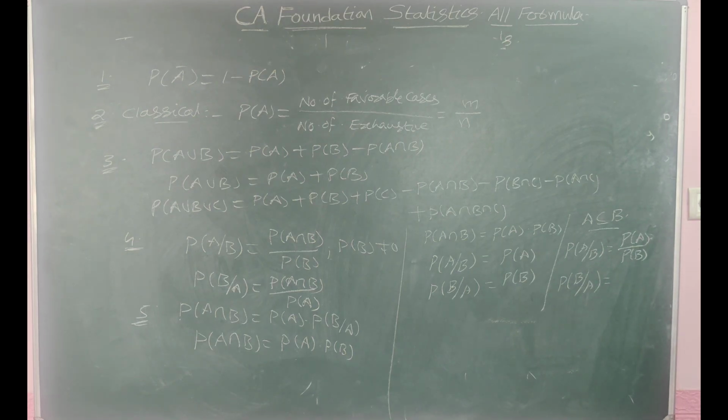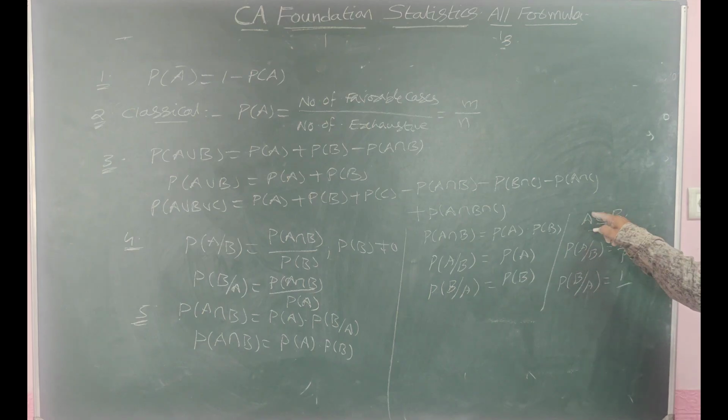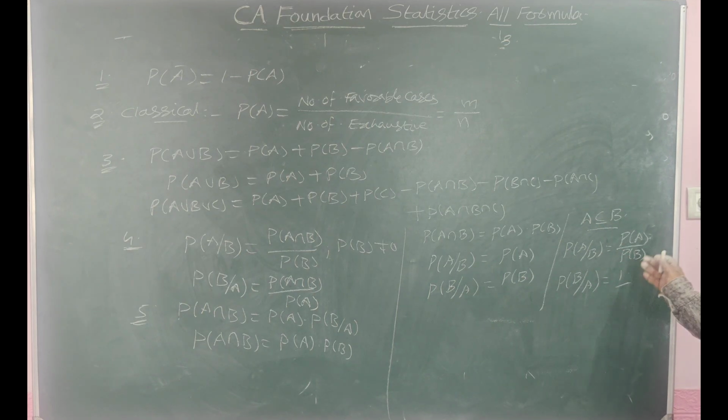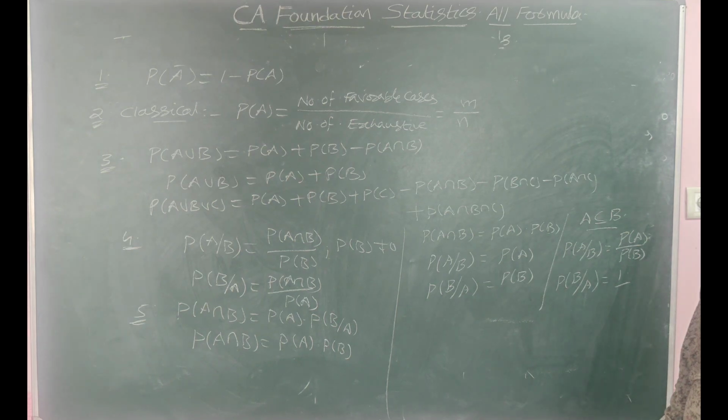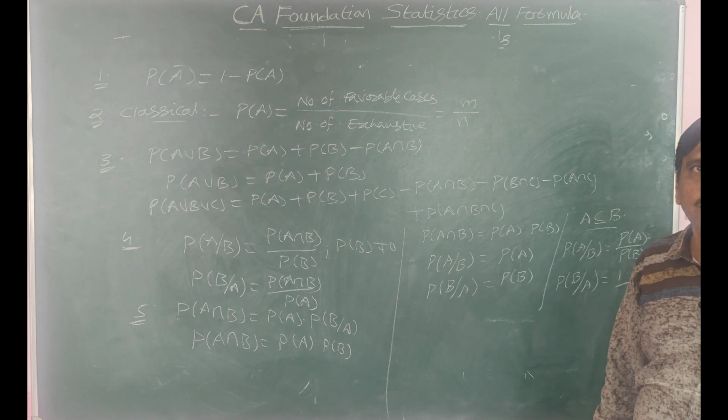P of A by P of A, that means 1. If B is subset of A, P of A given B will become 1 and P of B given A will become P of B. Okay, these are the formulas in probability.